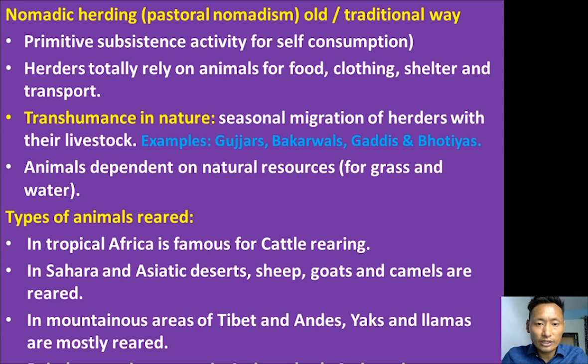In tropical Africa, which is famous for cattle rearing. In the Sahara, that means the desert region, sheep, goats, and camels are usually reared because of the geographical and climatic conditions. In the mountainous areas of Tibet and the Andes, yaks and llamas are mostly reared, and reindeer are important in the Arctic and subarctic regions.